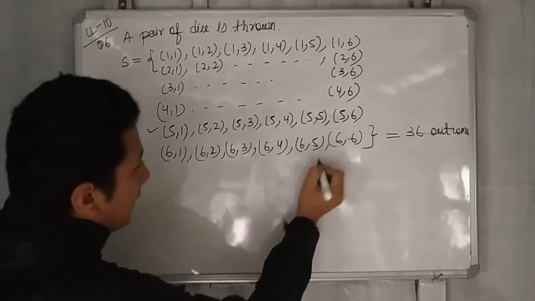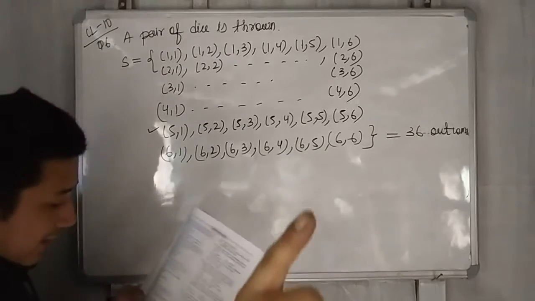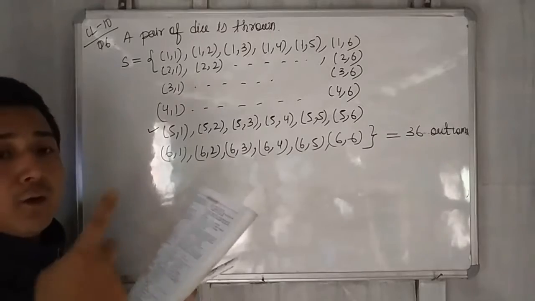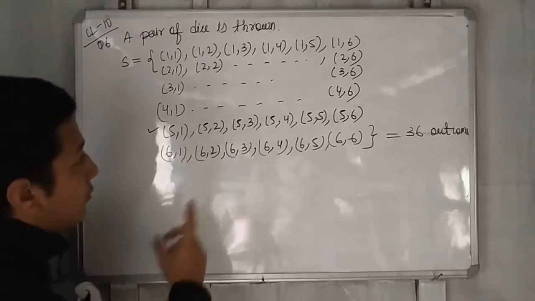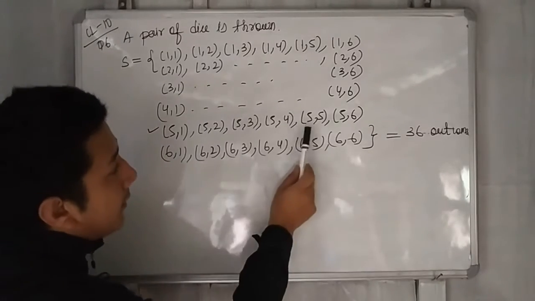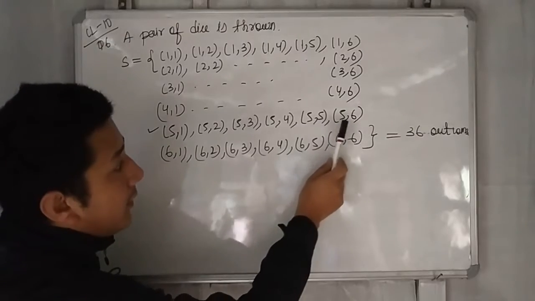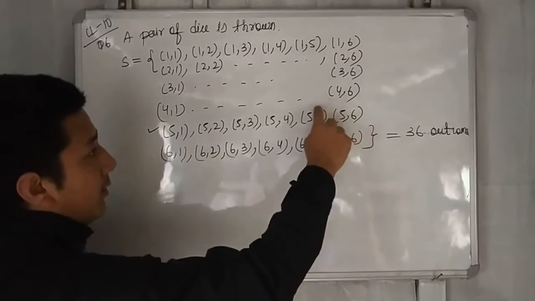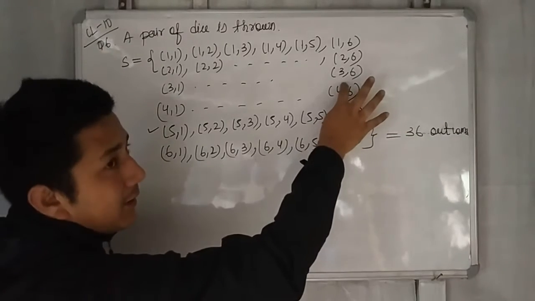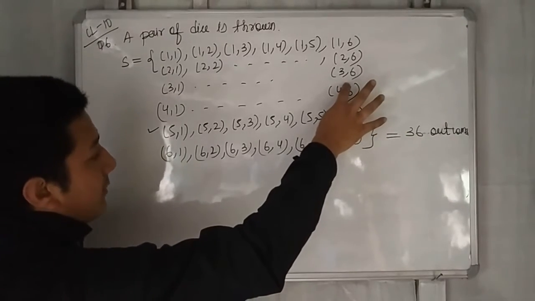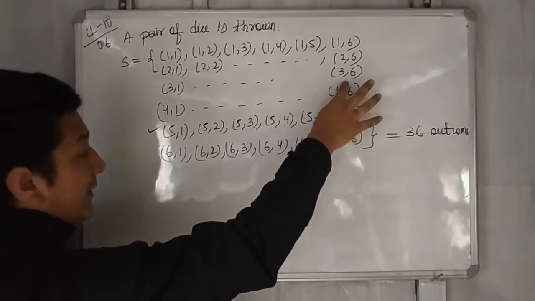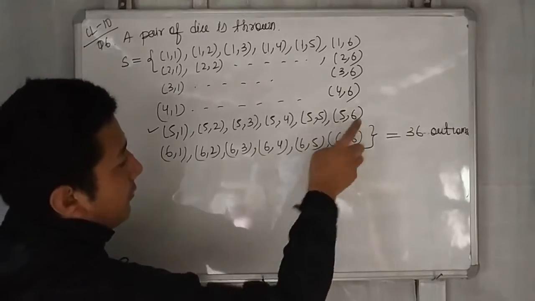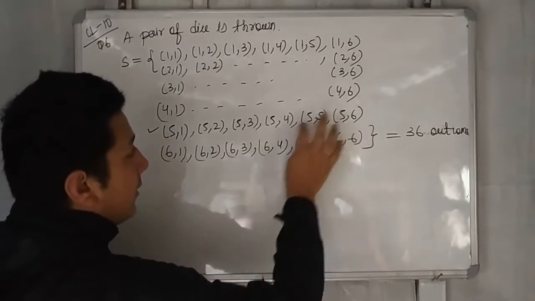Now, find the probability of getting a sum of 10 or more. Which two numbers give sum 10? 5, 5 gives you sum 10. 5, 6 gives us sum more than 10. 4, 6 also gives 10, 11, 12. So these are the chances.